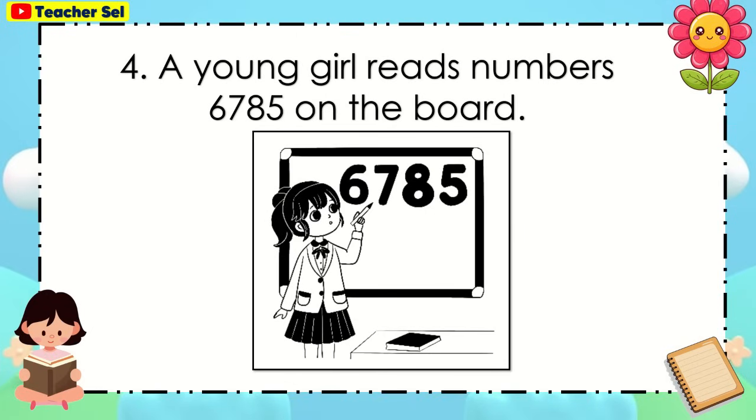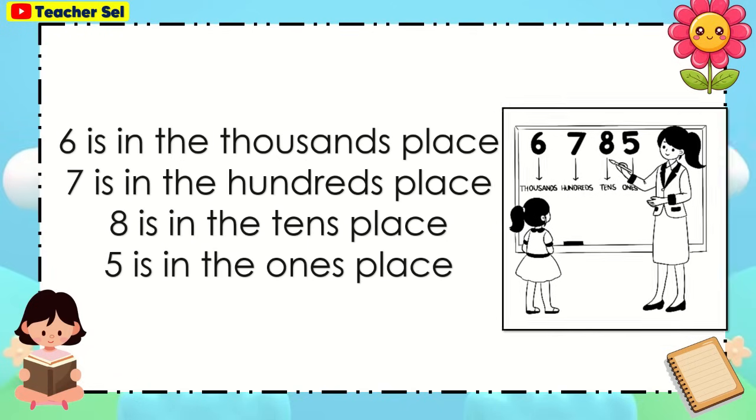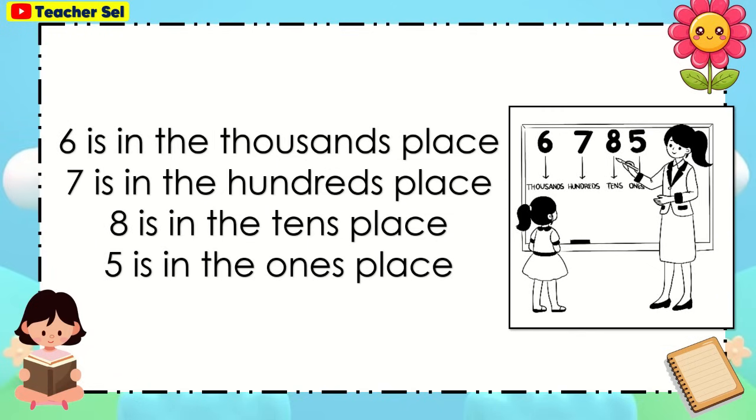A young girl reads numbers 6785 on the board. A teacher telling a student to break down the numbers 6785 like this. 6 is in the thousands place, 7 is in the hundreds place, 8 is in the tens place, 5 is in the ones place.